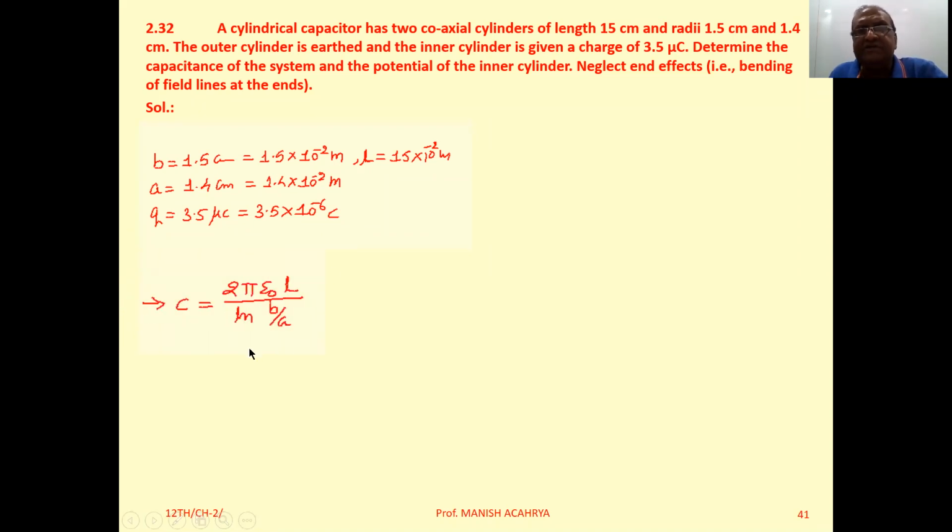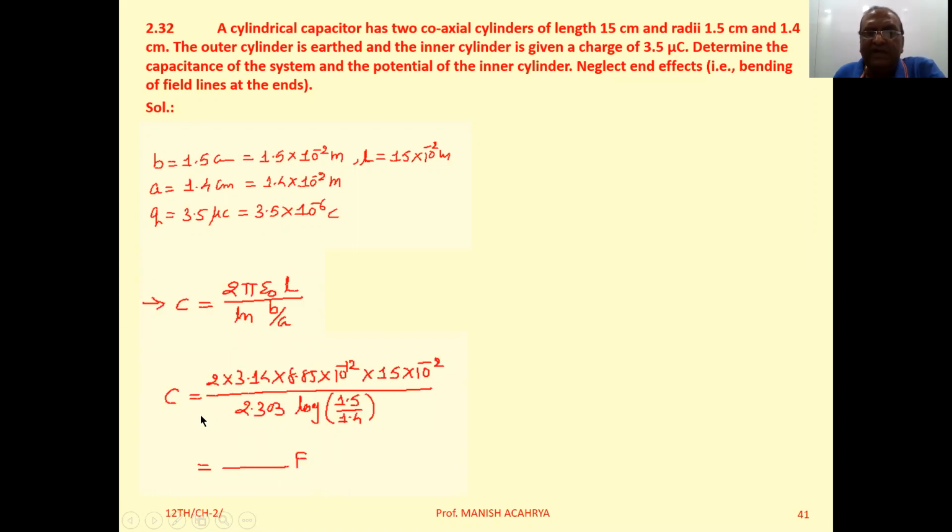We have the equation for the capacitance of a cylindrical capacitor, C equal to 2 pi epsilon 0 L upon ln B by A. Substitute the values. So C equal to 2 into 3.14, epsilon 0 is 8.85 into 10 raised to minus 12, L is 15 into 10 raised to minus 2.